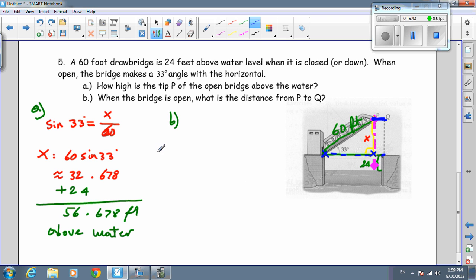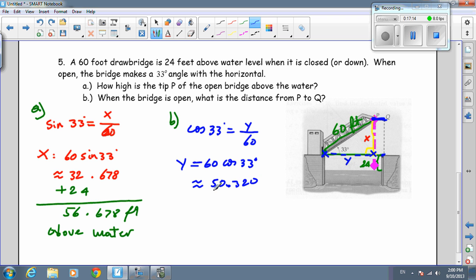Now, the distance that I just put as dotted blue will be given by the cosine of 33 degrees, which is equal to, let's call that distance y for now, y over 60. So y is equal to 60 cosine 33 degrees. And 60 cosine 33 degrees is approximately equal to 50.320.